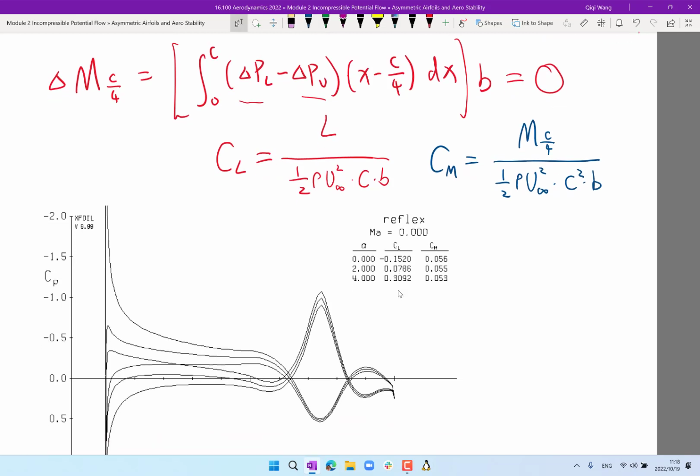Now in that context, I have a lift of 0.0786 and a moment of 0.055. Where is the center of lift? How do you calculate the center of lift from just these two numbers?